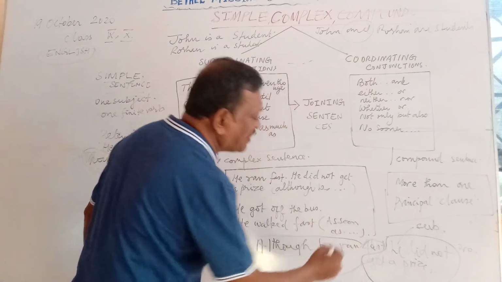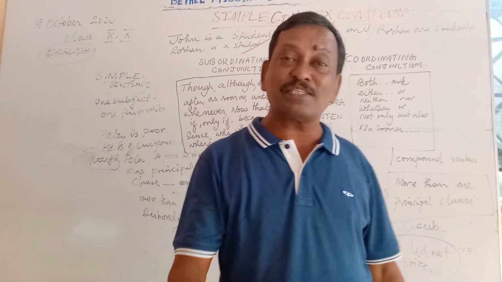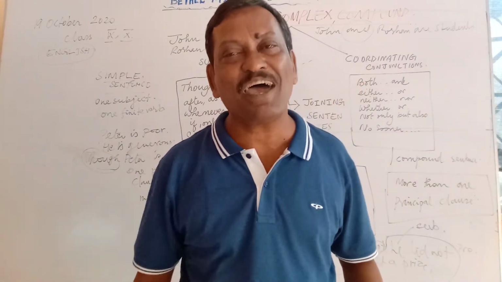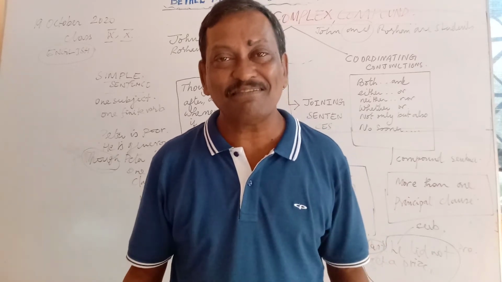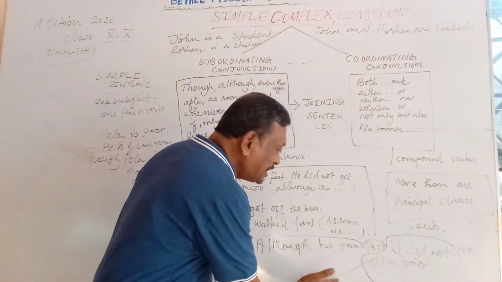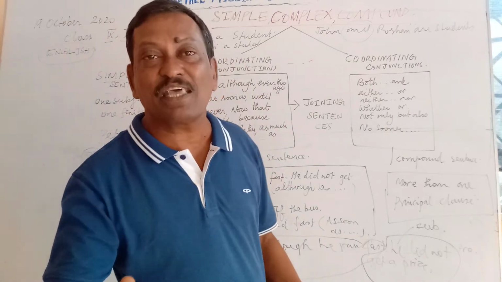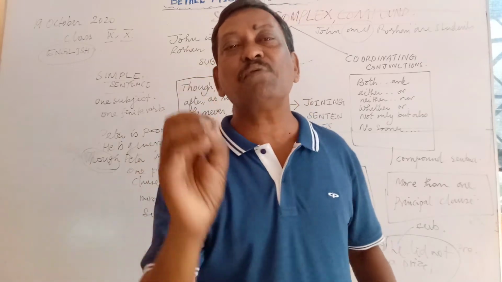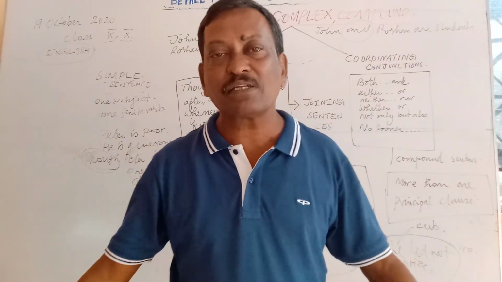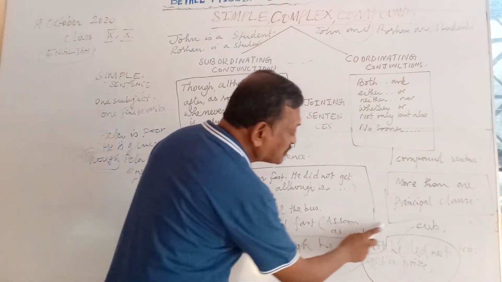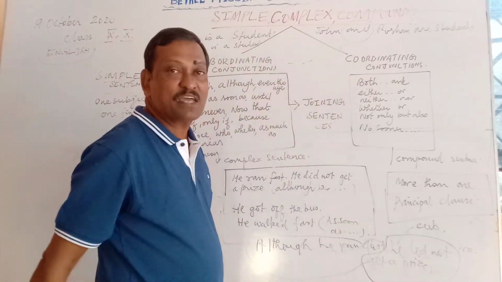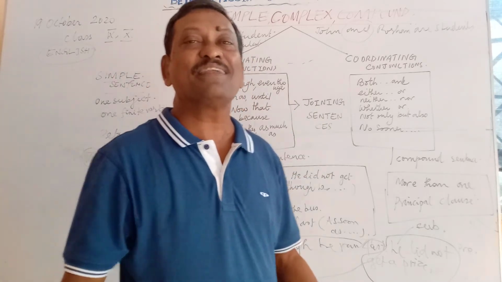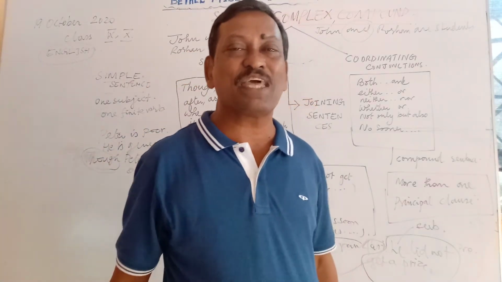Although he ran fast. Does it give you a complete meaning? No. Although he ran fast, what happened after that? There must be some result. There is no result. So, although he ran fast is one part of the sentence which is incomplete in its sense, not complete. So, it is dependent on this part: he did not get a prize. Now, when you join it together, then the sentence becomes a meaningful sentence.